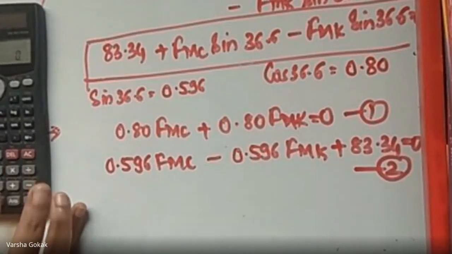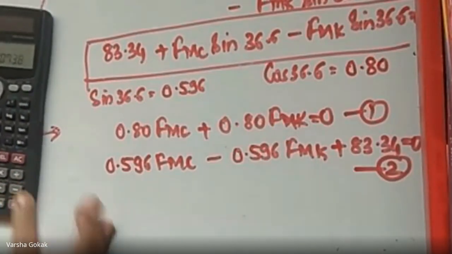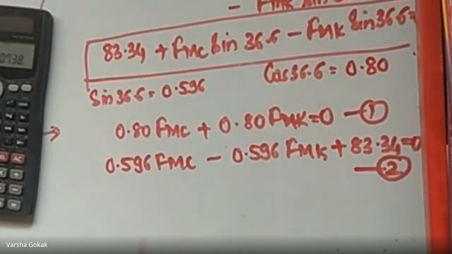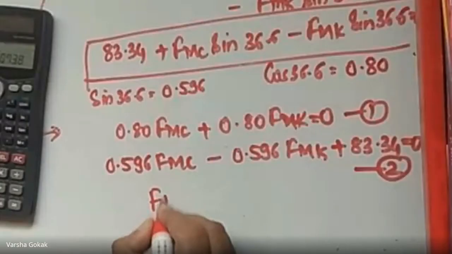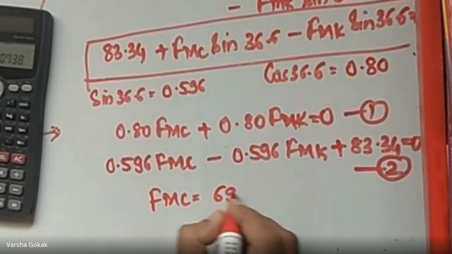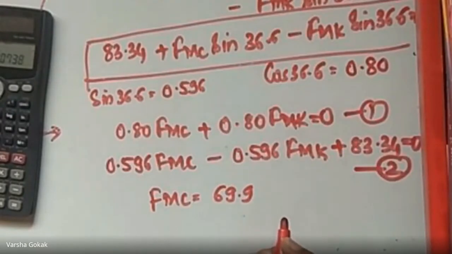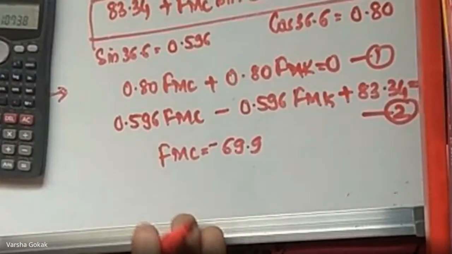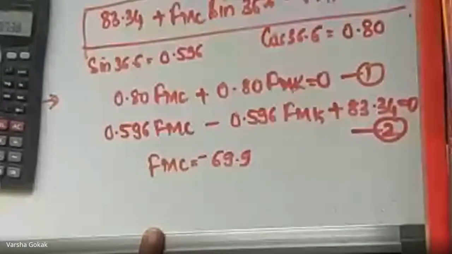That is minus 83.34. 69.91. Yes, FMC is 69.9. Plus or minus? Plus. One is plus, and same value is one minus.